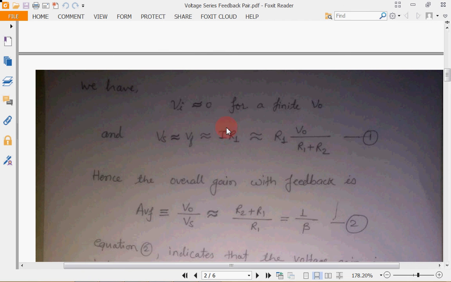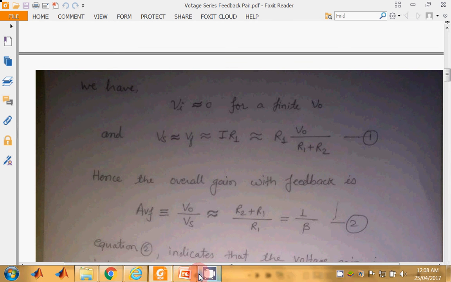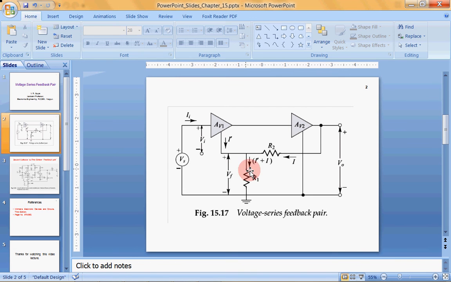Now what is that current I? That current I can also be written as V0 divided by R1 plus R2, right? Or you can say this voltage Vf, that is the feedback voltage. And what is that feedback voltage? That is the fraction of the output voltage. So the fraction of output voltage, because of the voltage divider network, will be V0 into R1 divided by R1 plus R2.